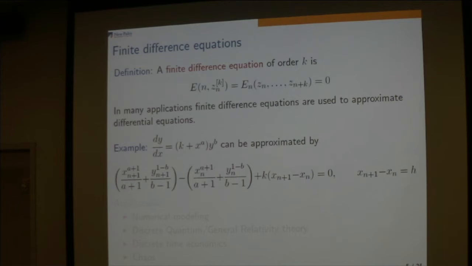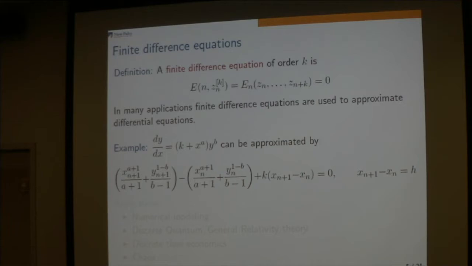Then we can divide by the right-hand side, and it will give us negative y_{n+1} plus y_n divided by negative x_{n+1} plus x_n, equal to 1. Usually I would rewrite the left-hand side as y_{n+1} minus y_n divided by x_{n+1} minus x_n, equal to 1. And so this is the usual first order approximation for dy/dx.